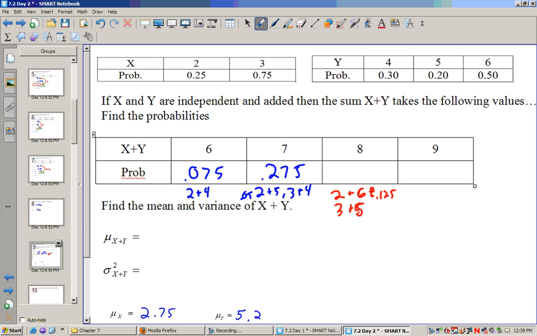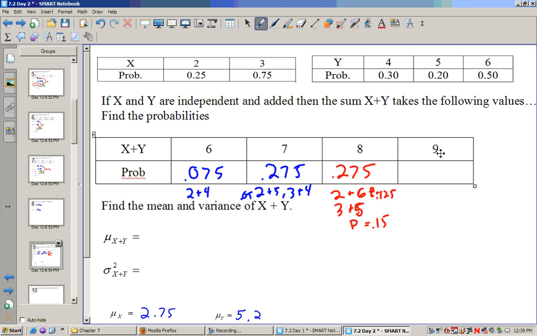I should say the probability equals. And the probability of getting a 3 and a 5 is 0.75 times 0.2, which is 0.15. So when I add those, that would be 0.275.